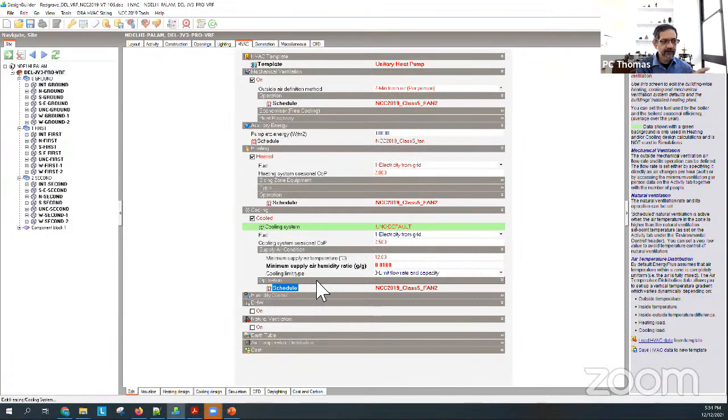It'll be somewhere in that 12 degrees range, 12, 13, 14, something like that. I've used 12. If you have a lower supply air temperature, you need less air. If you have a higher supply air temperature, you need more air. If you need more air, you need more fan energy. If you make the supply air temperature too cold, you may start to get condensation.